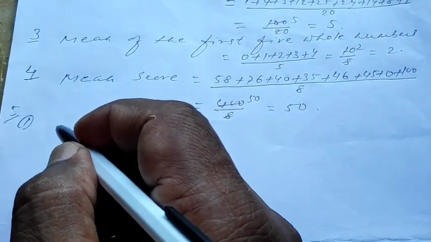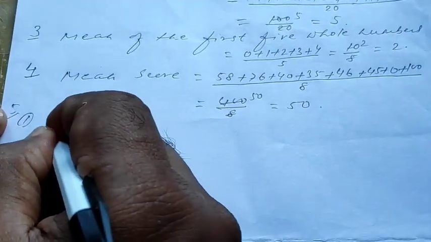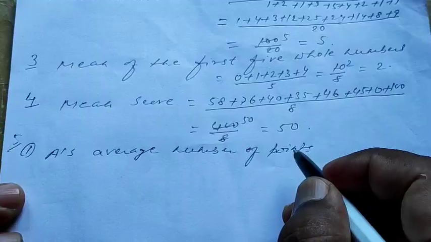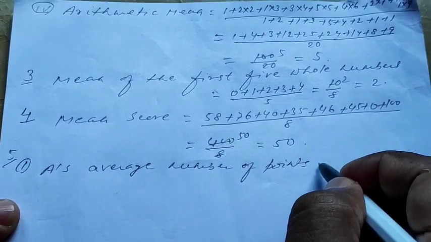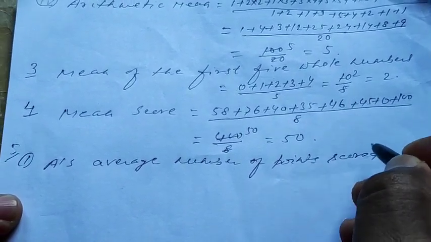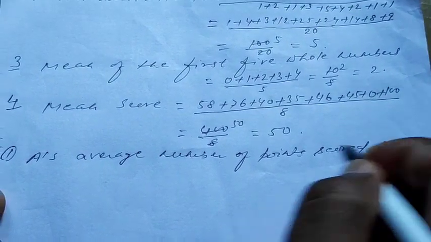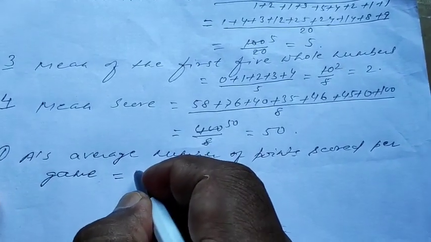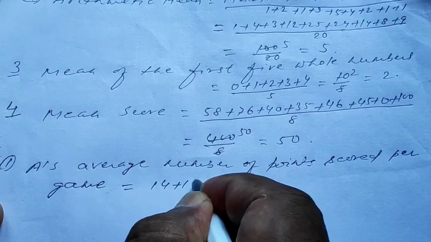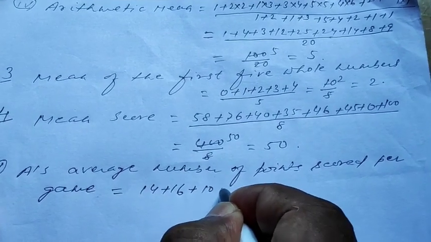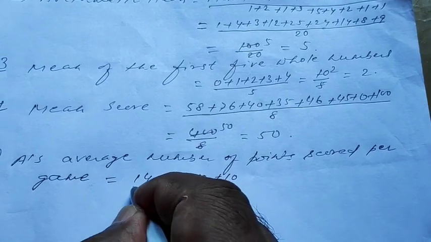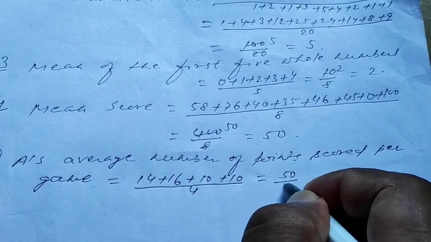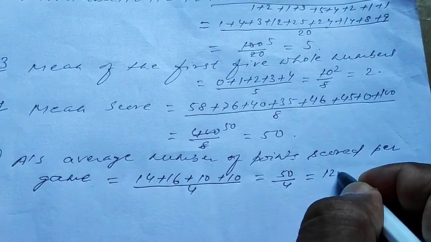Therefore, the average number of points scored per game is equal to 14 plus 16 plus 10 plus 10 by 4, and this is equal to 50 by 4, and this is 12.5.